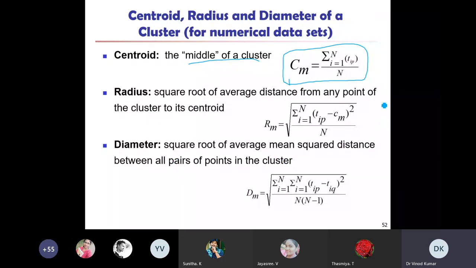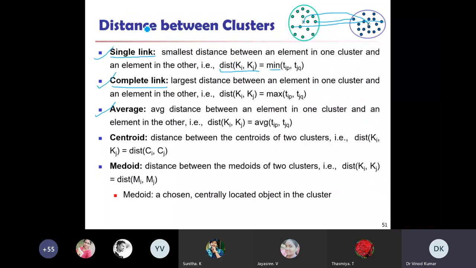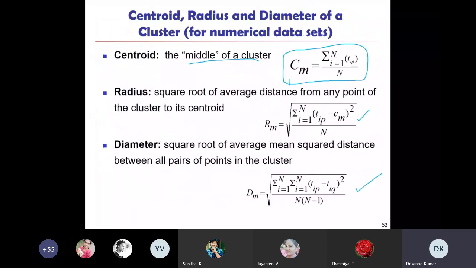So these are the related formulae, used for calculation of these different things. You don't need to learn many things. Just remember what is single link, complete link, average link. Okay.